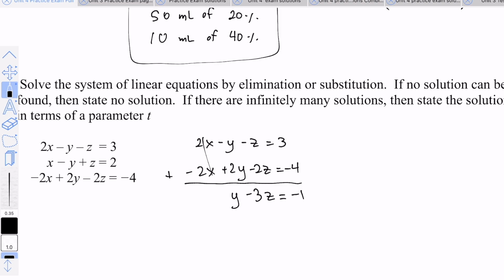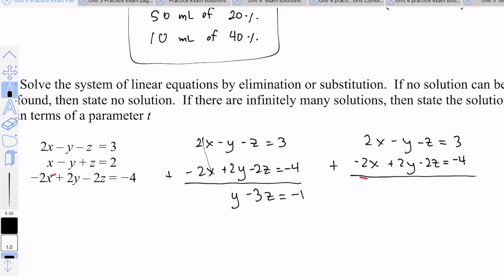Now I'm going to take the top equation again, and then I'm going to take this middle equation here and multiply it by -2, so I can eliminate the same variable.